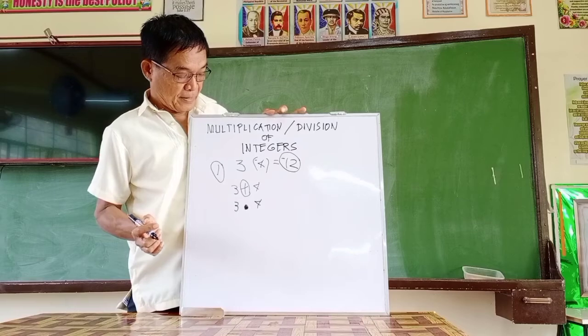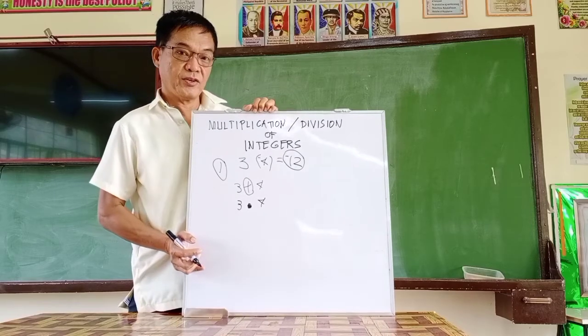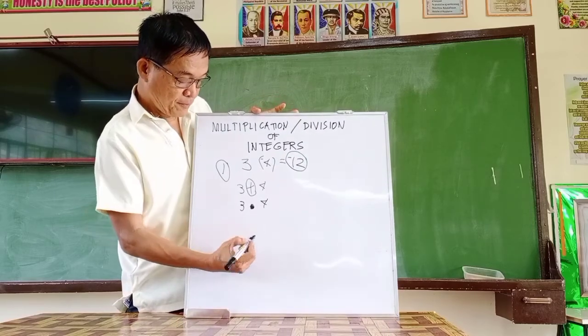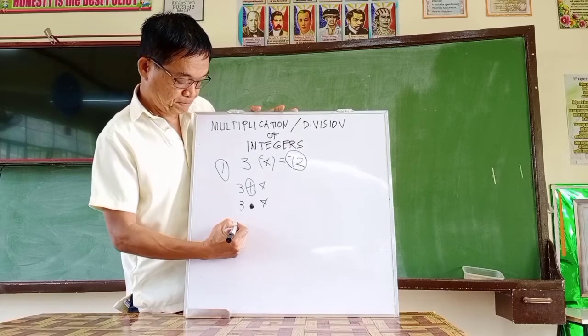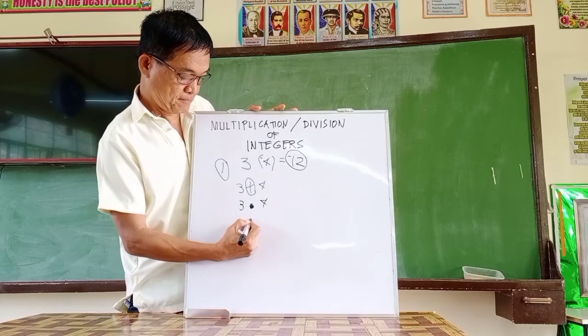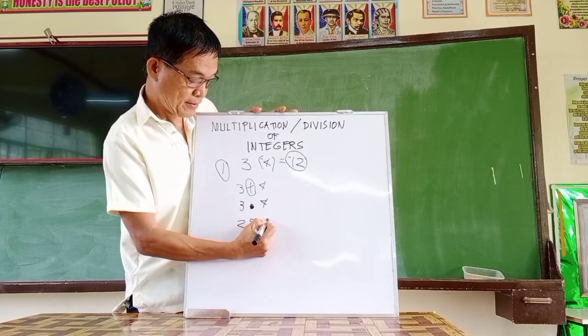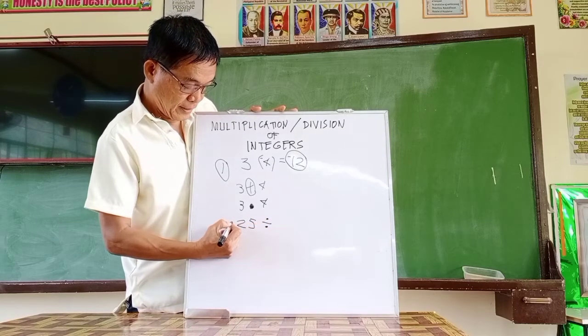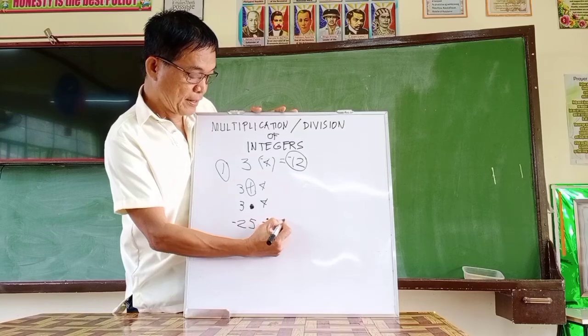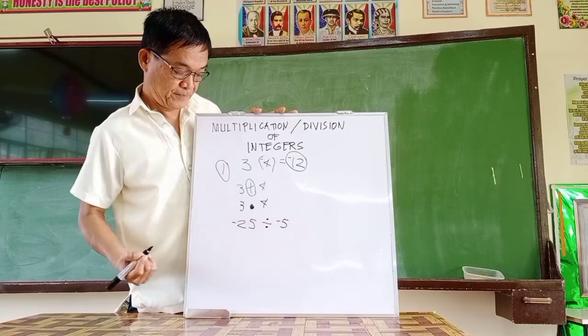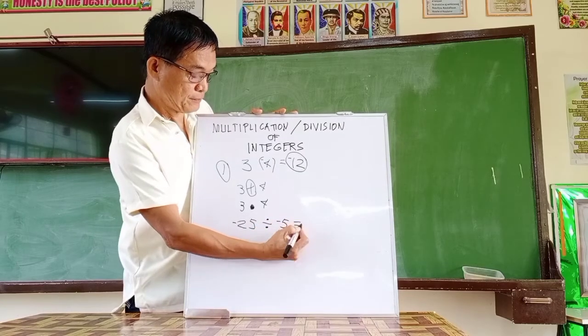Okay? Now for division. For example, negative 25 divided by negative 5.